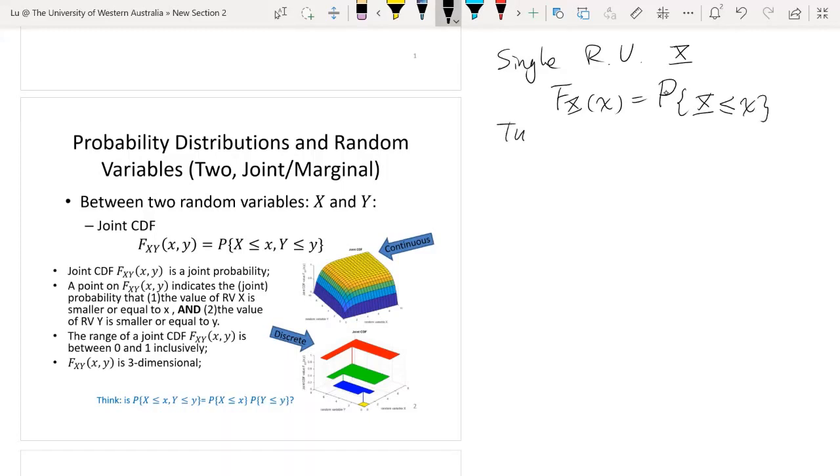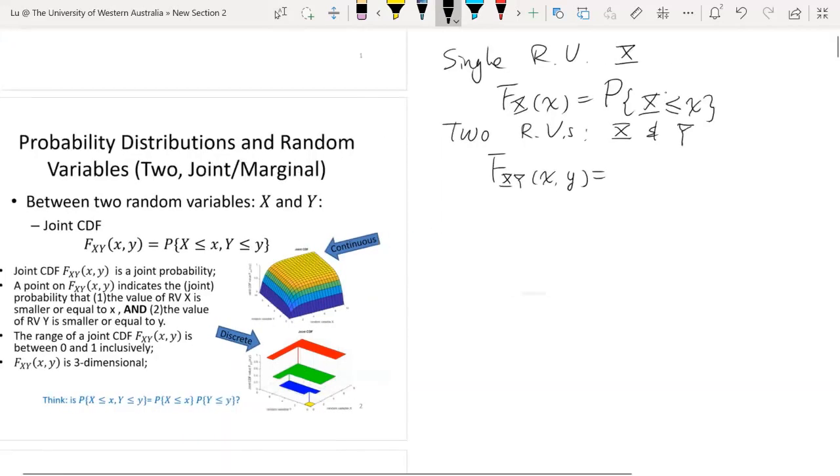Now, for the 2 random variables case, we say we have the X random variable and the Y random variable. The definition is similar.